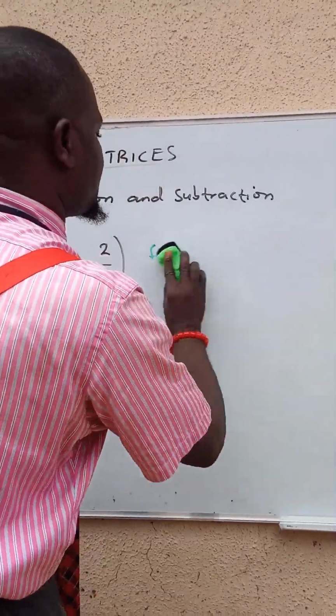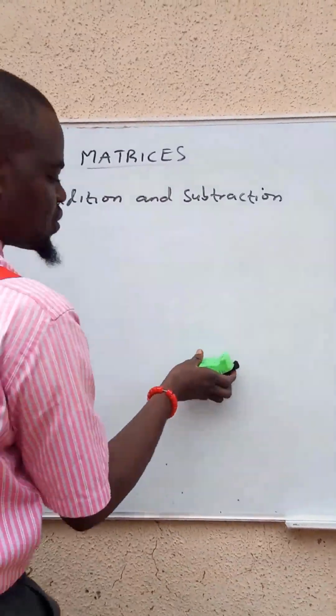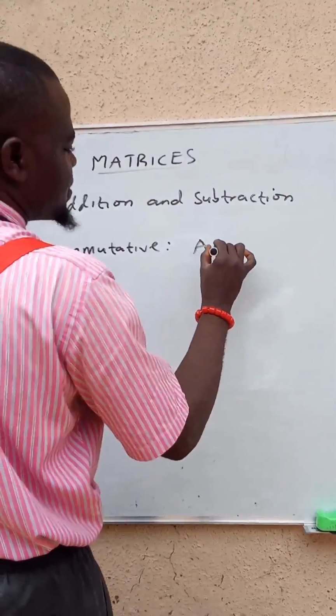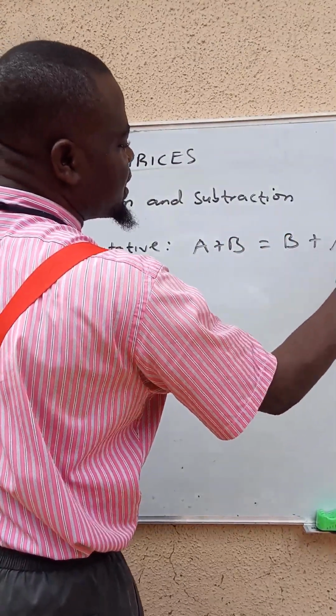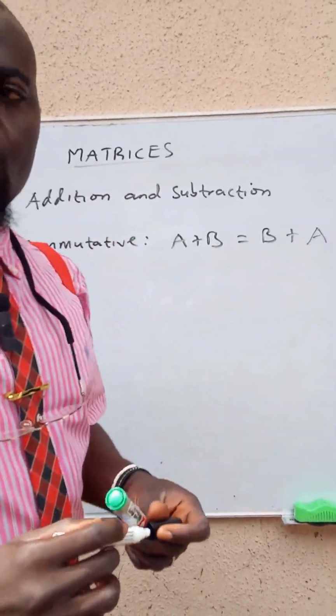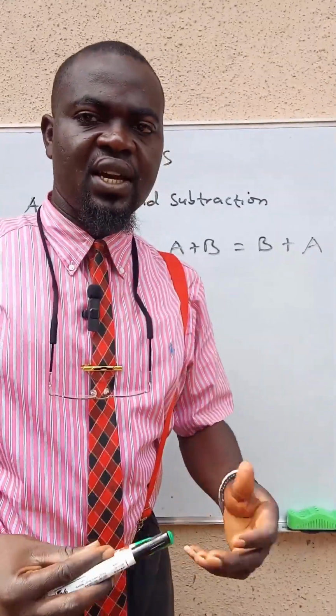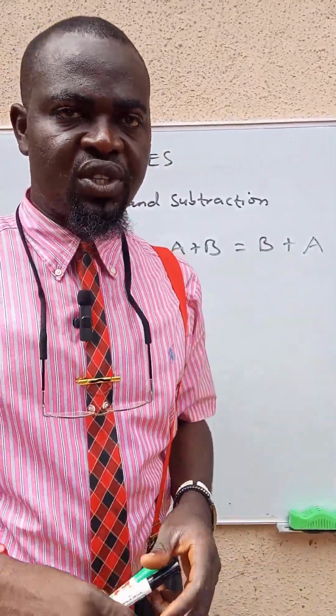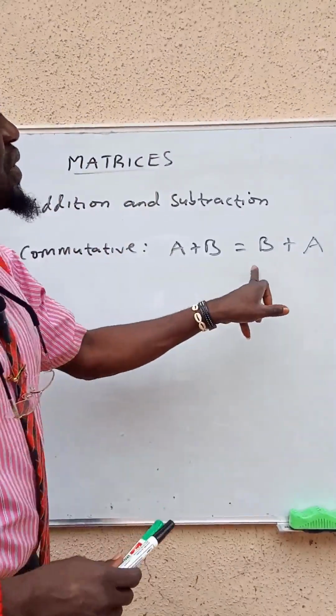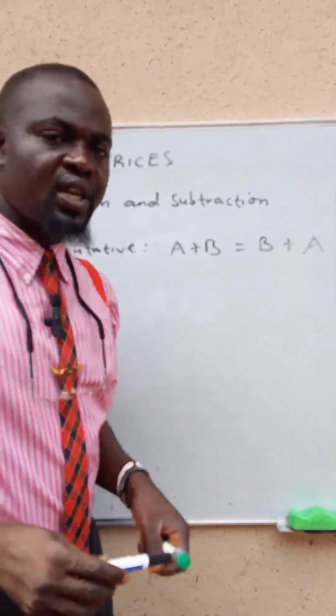Now, there's something you are supposed to know: A plus B is equal to B plus A. That is what they mean by commutativity. That is, addition of matrices is commutative. That is, A plus B is equal to B plus A.